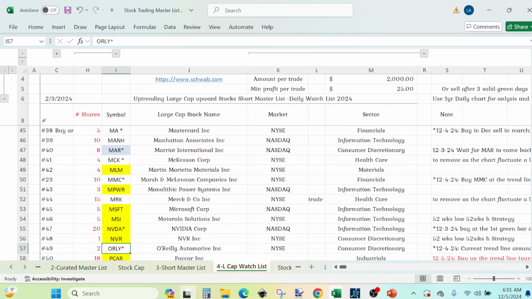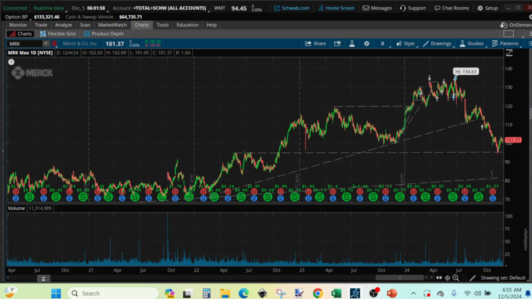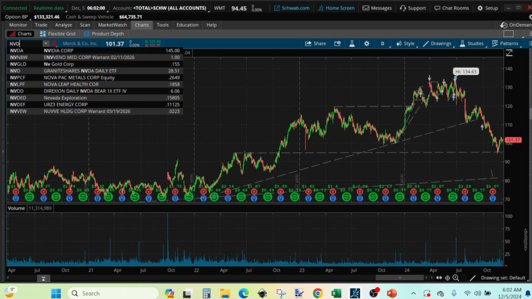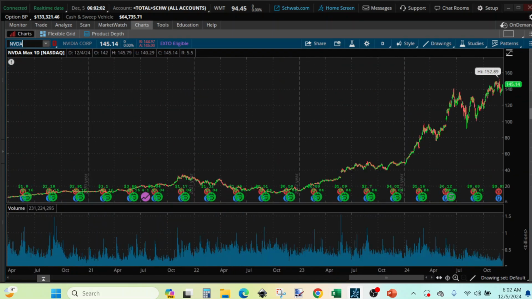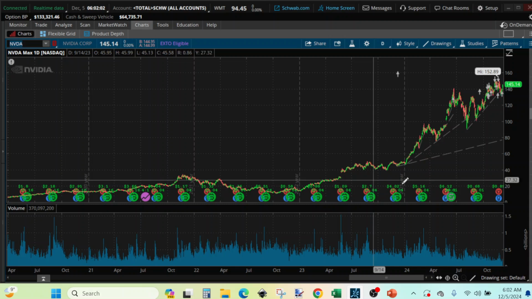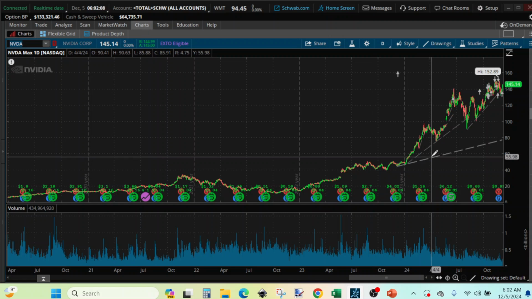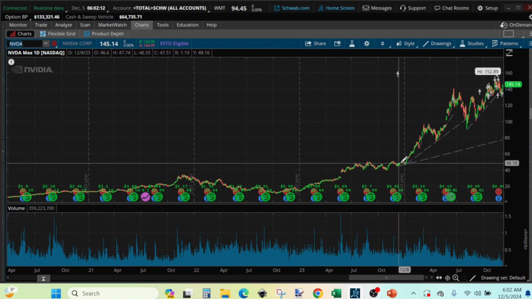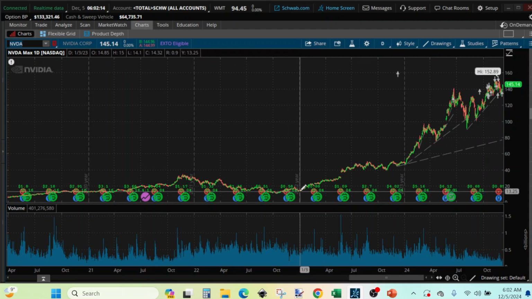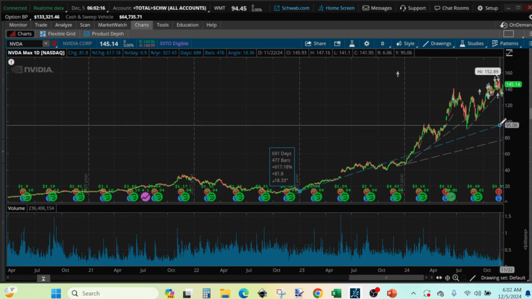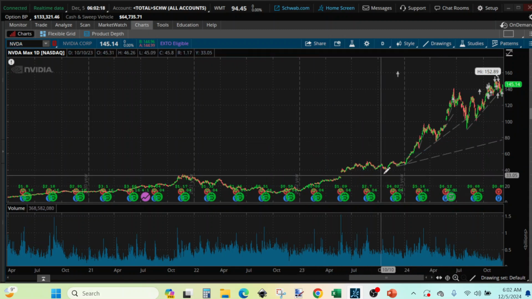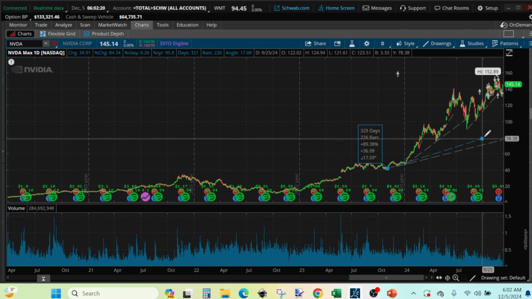So NVDA, we bought it, but it has the asterisk, so we are going to continue analyzing it. I'm not sure where this came from, because clearly it's not touching much here, other than those two lows. But if we started from here, no. If we started from here, let's see.